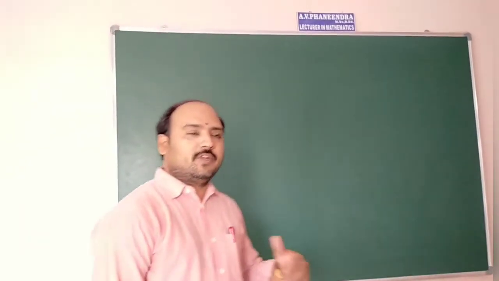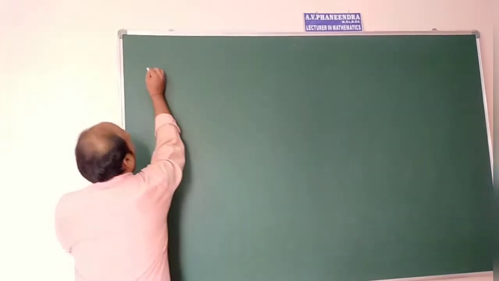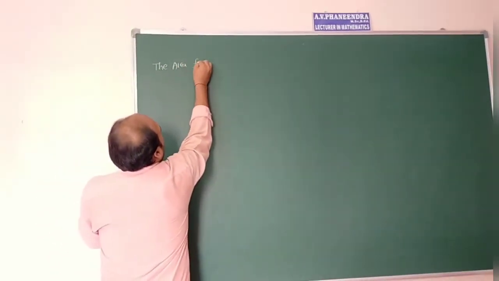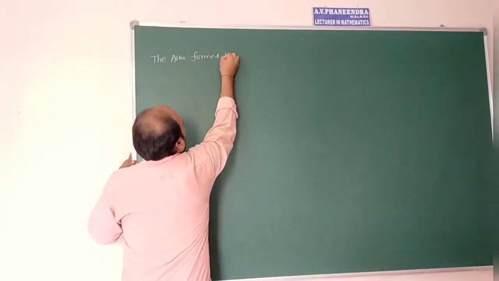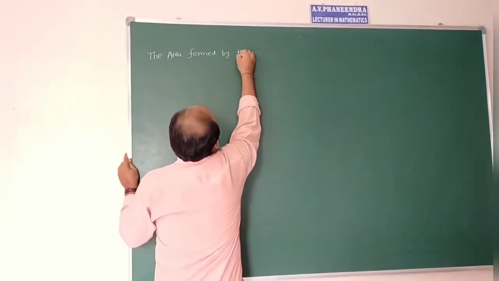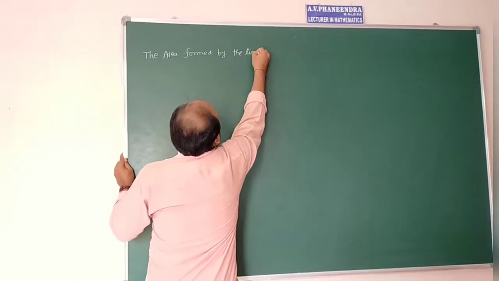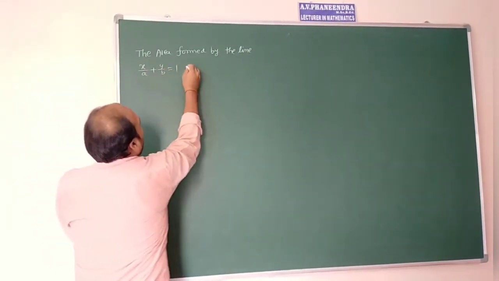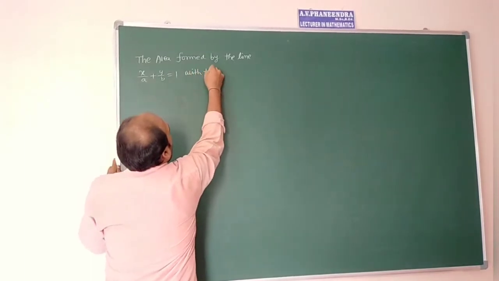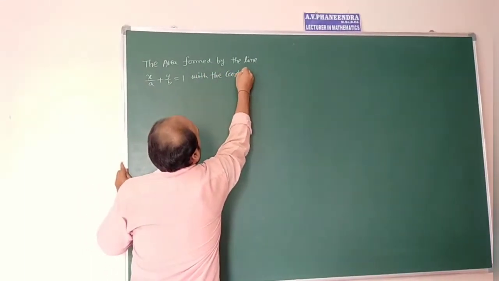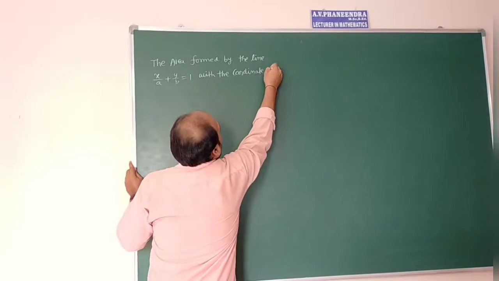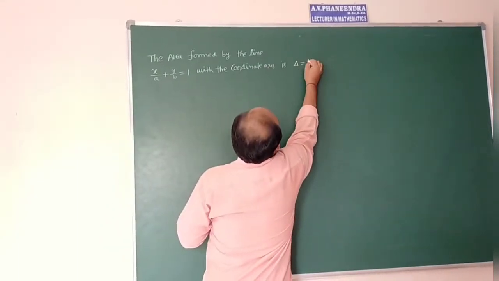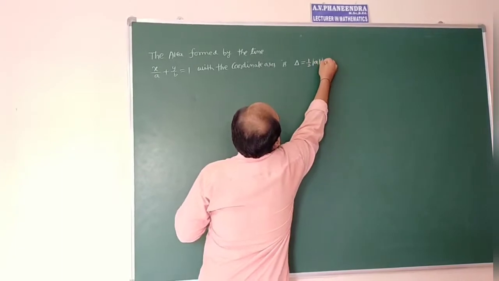Hi students, next question. The area formed by the line x by a plus y by b equal to 1 with the coordinate axes is delta equal to half mod AB.